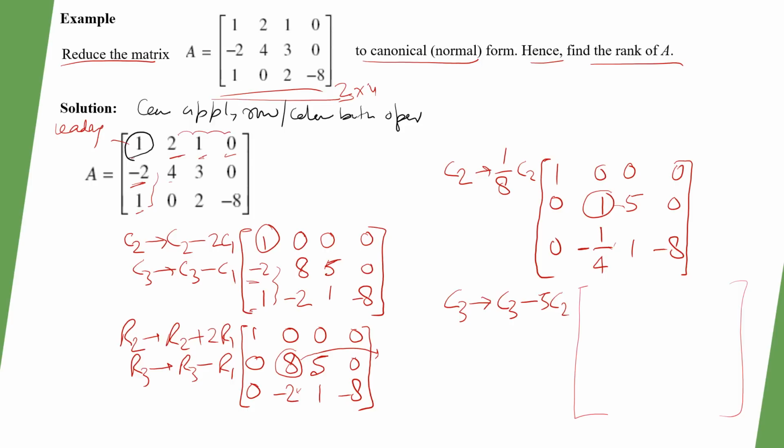So what will happen? 1 0 0. This becomes 0 1. This is minus 1 by 4, and this is 0 0, and this becomes 9 by 4, and the last column is the same.